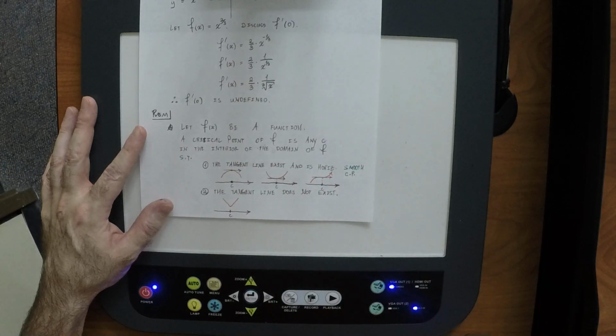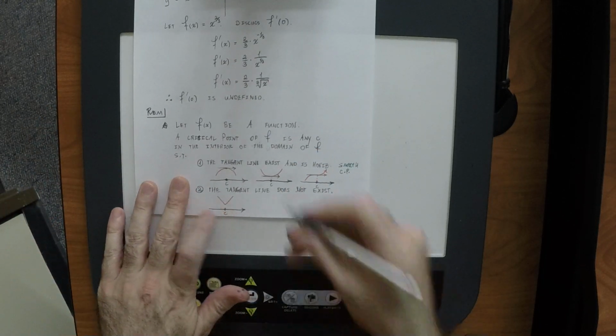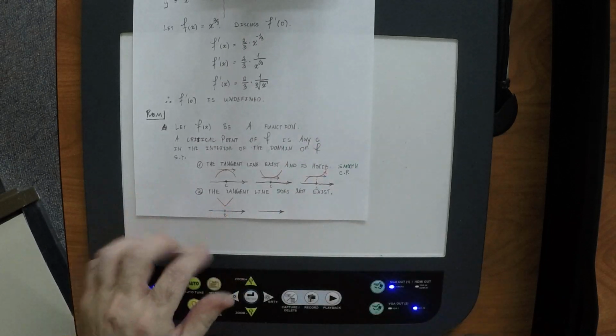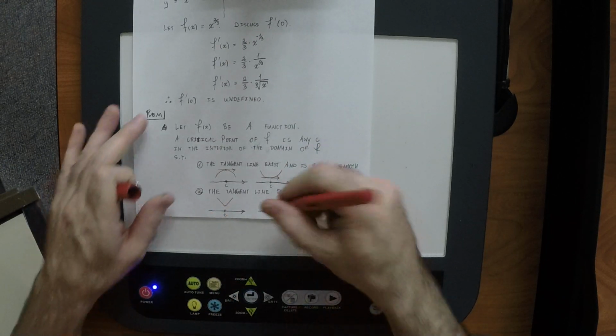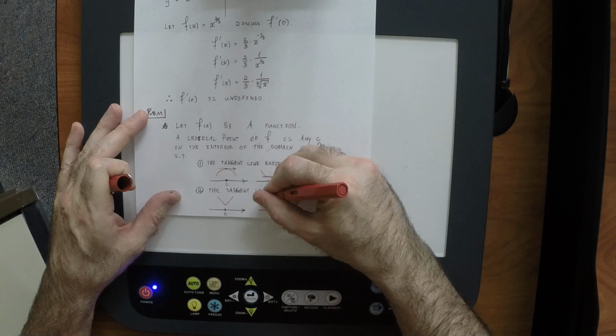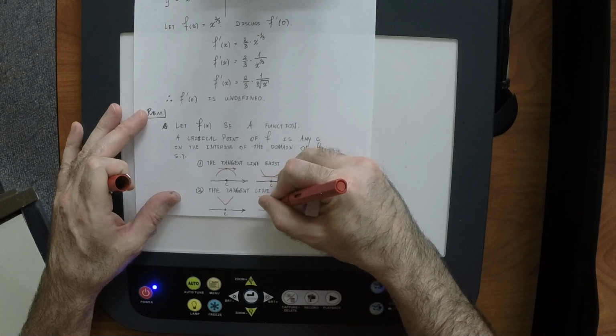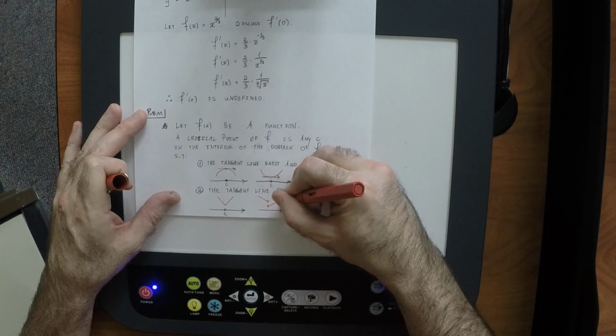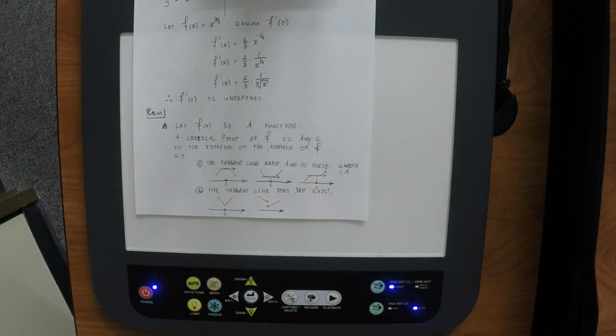A different example that's even worse, in a sense, is a function that does something like this, where it jumps. The world fails to even be continuous there.